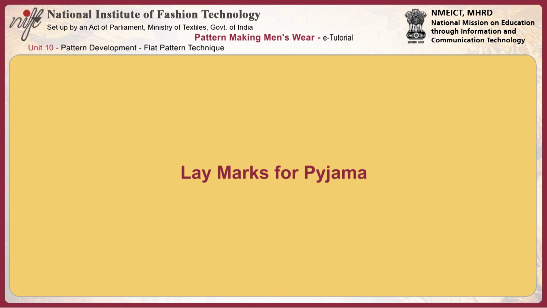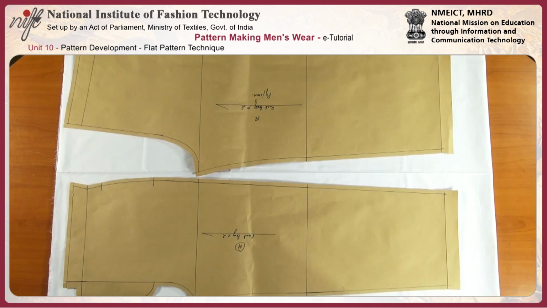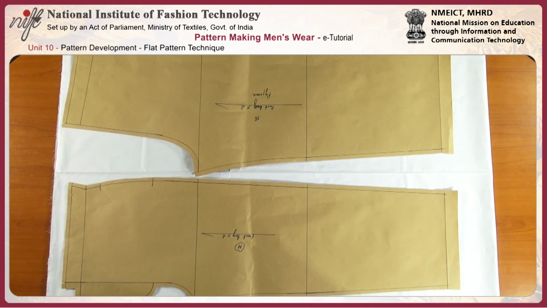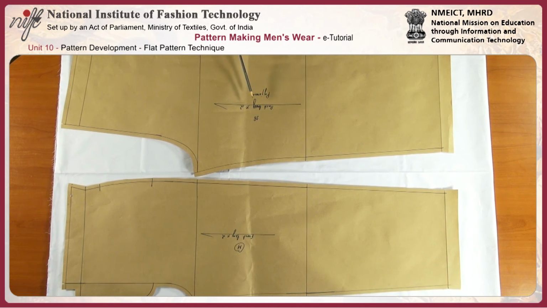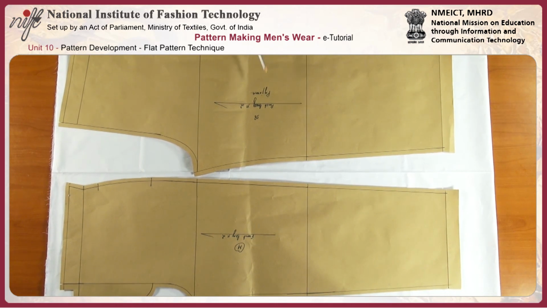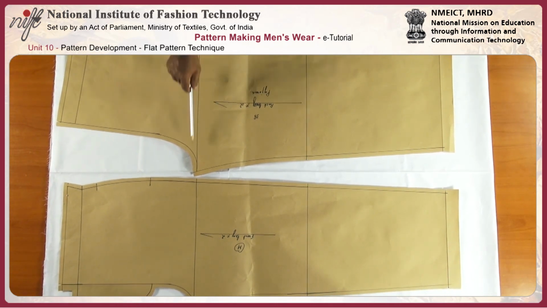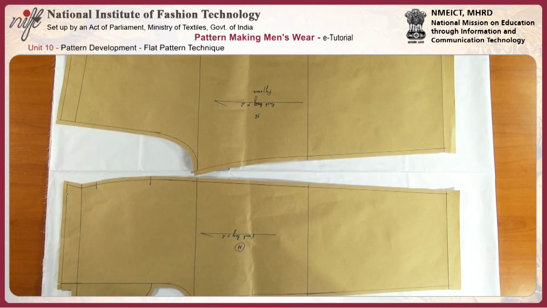For the lay marker of a pajama, the width can be wider like trouser suiting materials, or normally it's considered thin fabric because it's leisure wear. So again it's mandatory that the grain line is to be followed. This grain line is parallel to selvage, or the vertical lines should be perpendicular to the selvage.